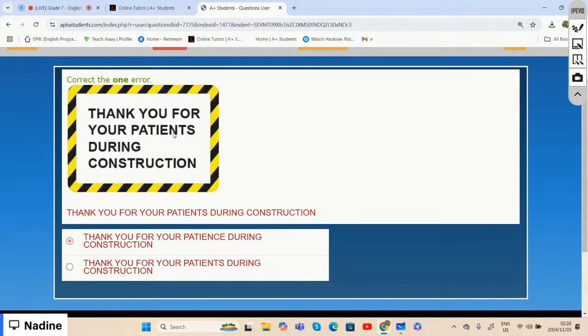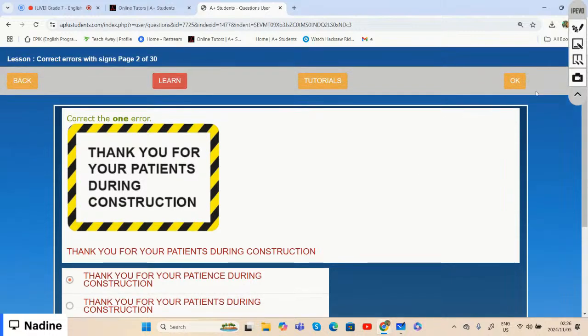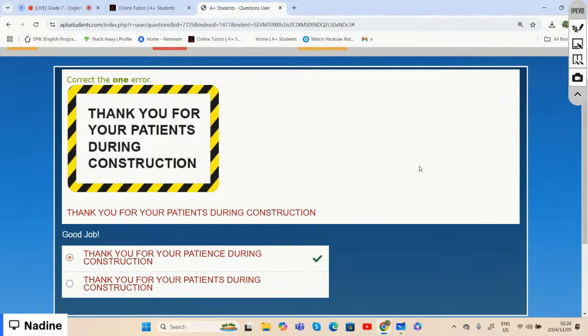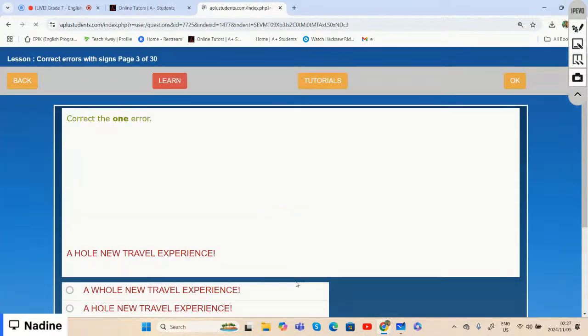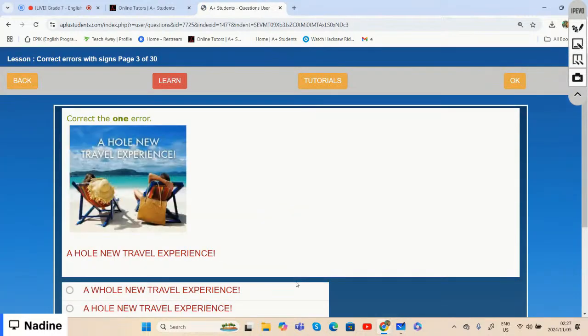That is what it means. But patience with a C, it's like you're waiting. Like, I'm not in a hurry. It's fine. Take your time, right? So we will go with option one, patience with a C E, not T S.